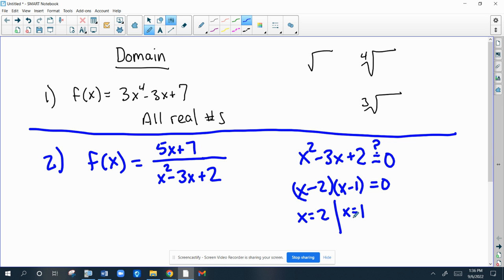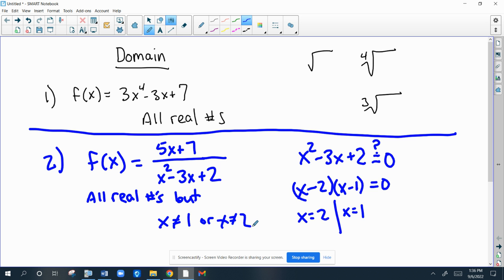Therefore, x equals 2 and x equals 1 cannot be part of the domain. So the domain for this is all real numbers. You don't usually have to write all real numbers. You can just write the exclusions, but I'm going to put all real numbers, except x cannot be 1 or x cannot be 2.